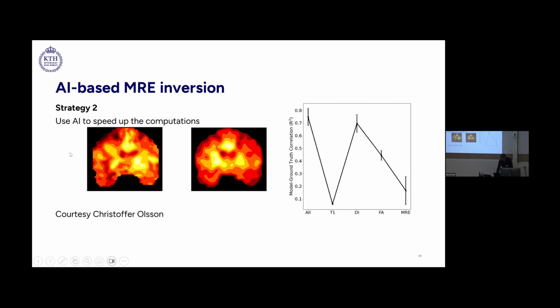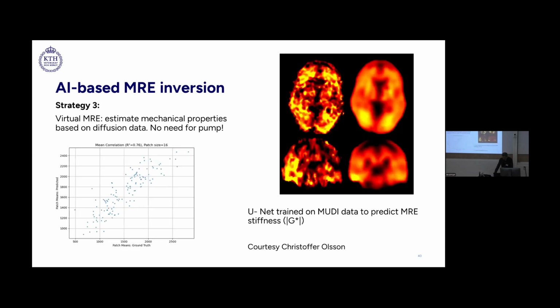Then we found that Moody is way better for this prediction. Another strategy is to use this virtual MRE. We found a good correlation between stiffness and Moody.